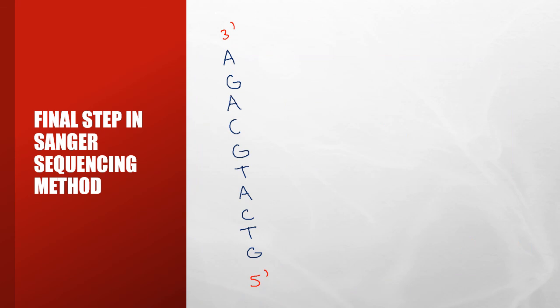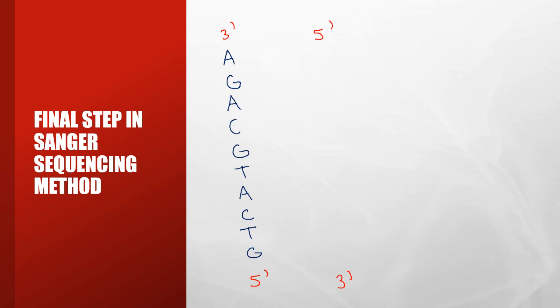You can also use the synthesized DNA strand to figure out the sequence of the original template strand. Our original DNA template strand should be complementary to our synthesized DNA strand.